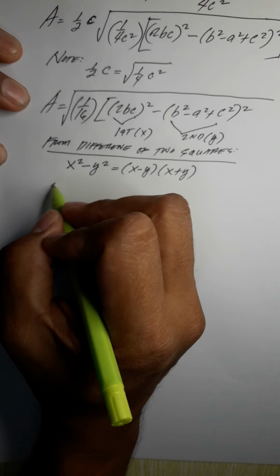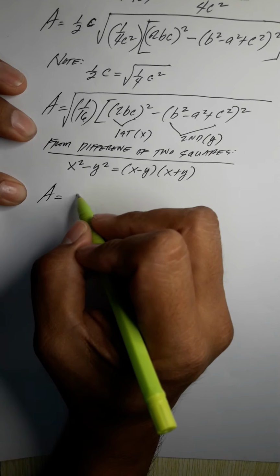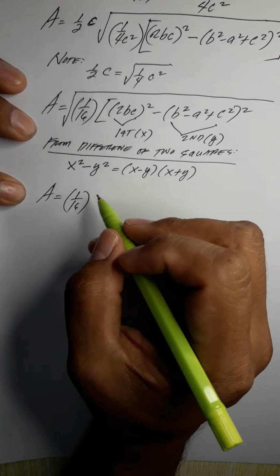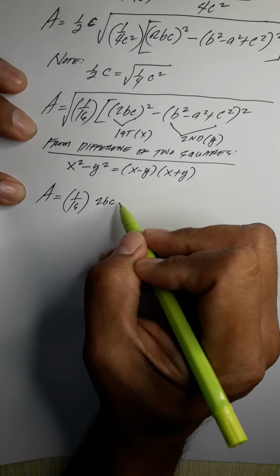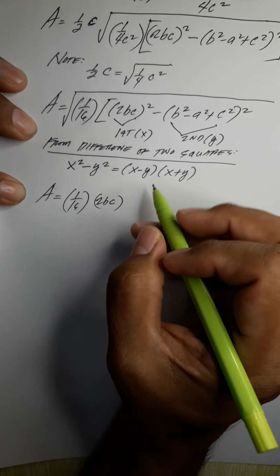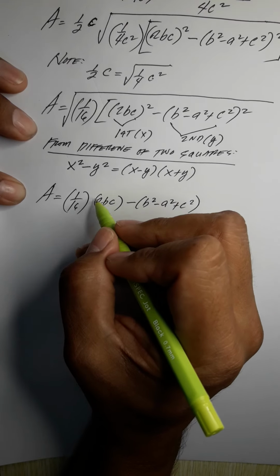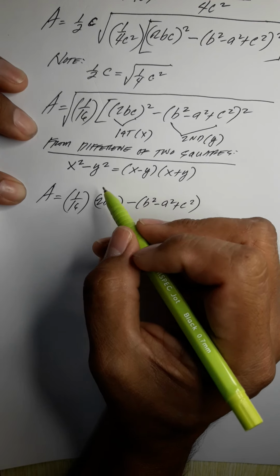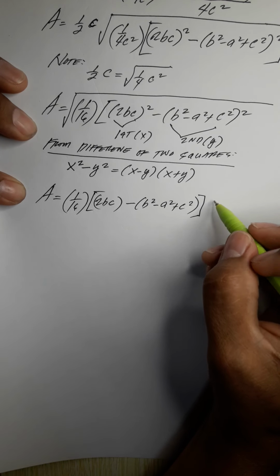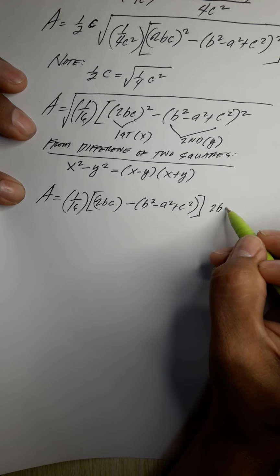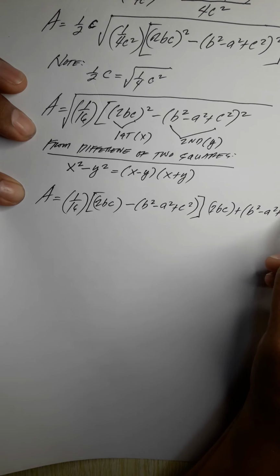So the area is equal to 1/16 times [2bc minus (b squared minus a squared plus c squared)], this will be our x minus y, multiplied by [2bc plus b squared minus a squared plus c squared].